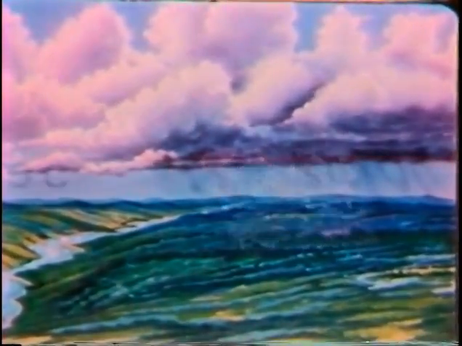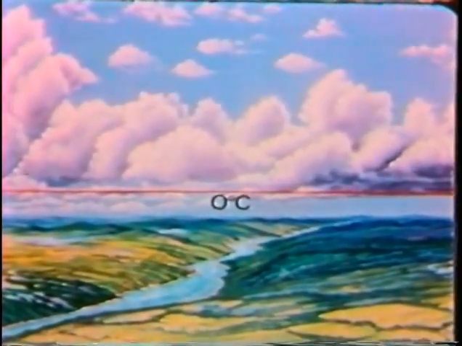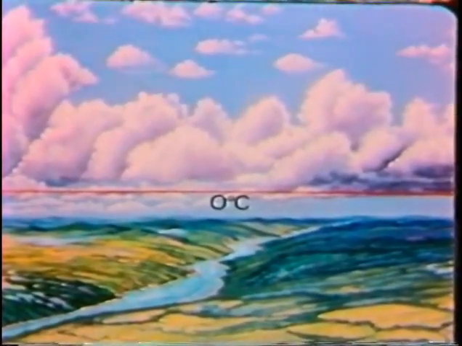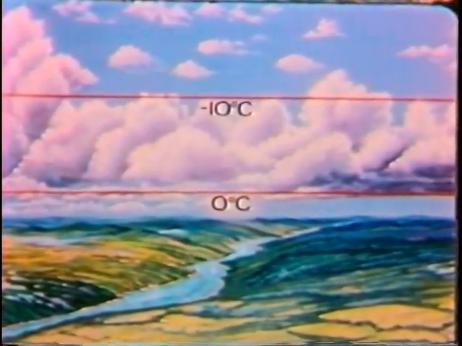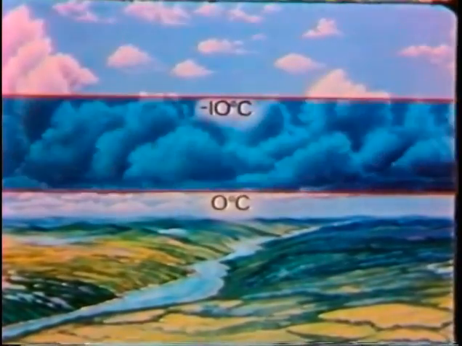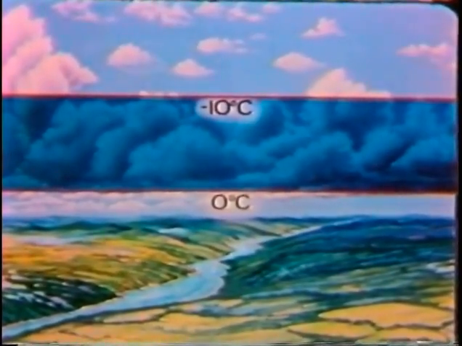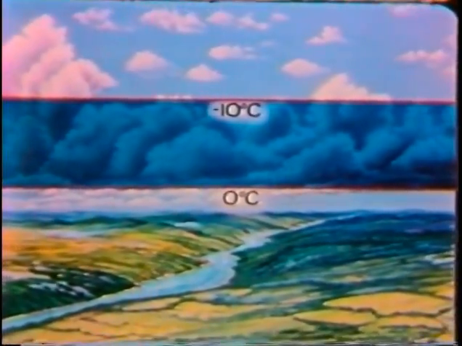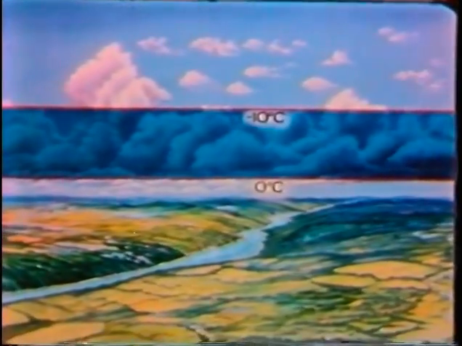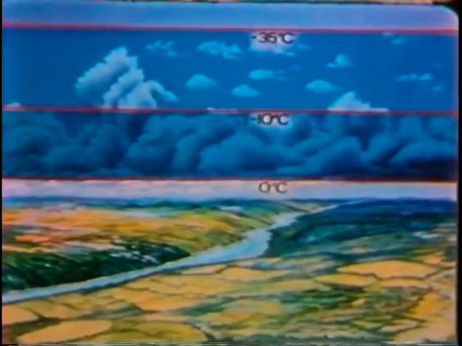And second, the temperature must be at or below freezing. The most common range for icing is between 0 and -10 degrees centigrade. This is where icing most often occurs. Although less common, you can also encounter icing conditions at temperatures below -10, down to -35 degrees.